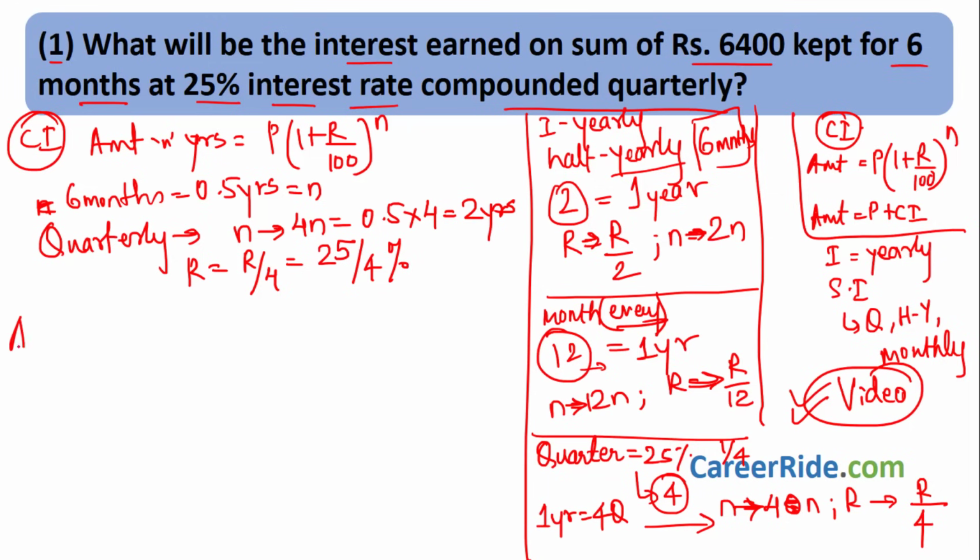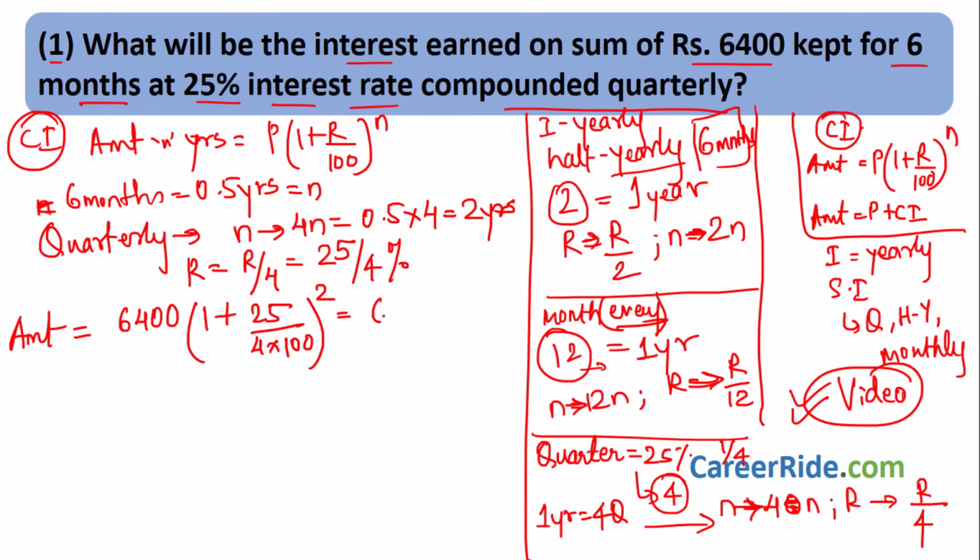Now let us calculate the amount after n years. P is 6,400 into (1 + 25/(4 into 100)) raised to n. What is the number of years? 2.